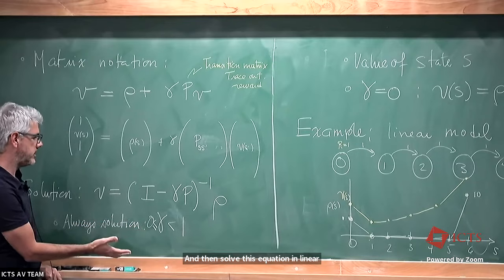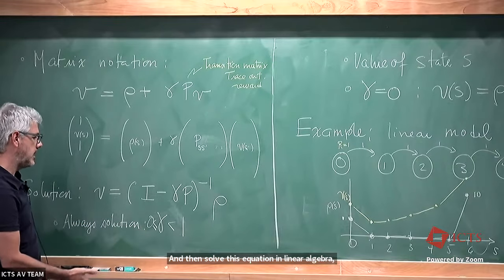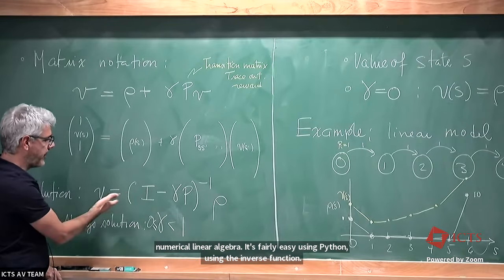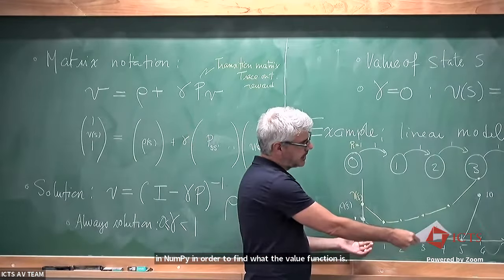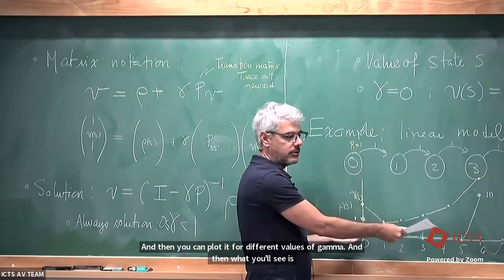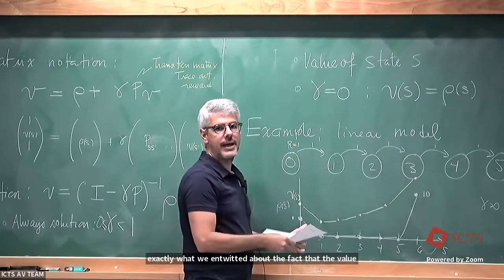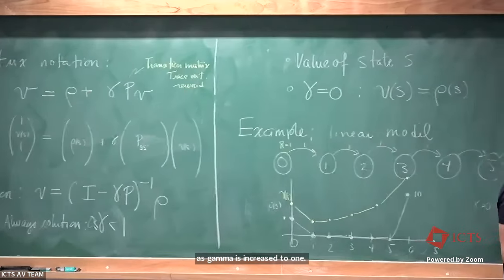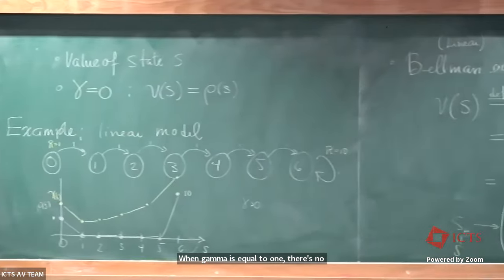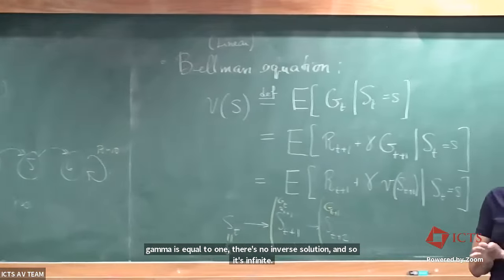It's fairly easy using the inverse function in NumPy to find the value function. Then you can plot it for different values of gamma, and you'll see exactly what we intuited: the value function should go up as gamma is increased to 1. When gamma is equal to 1, there's no inverse solution, and so it's infinite. So get to practice this.